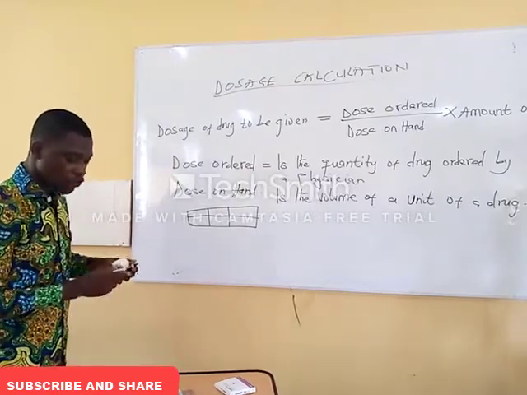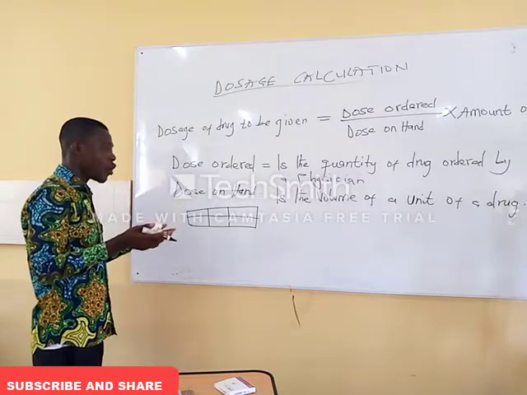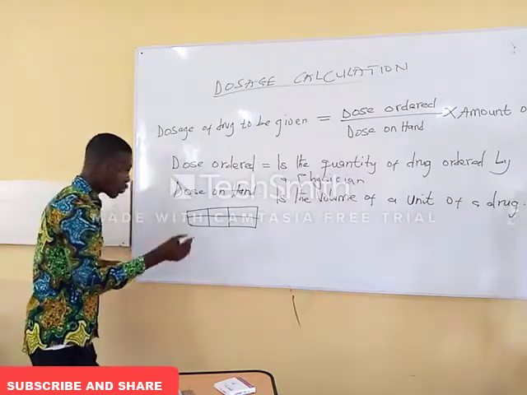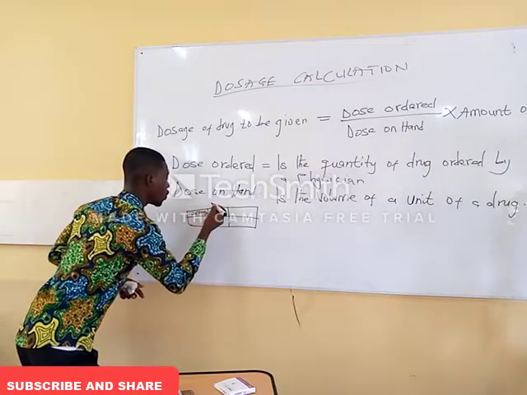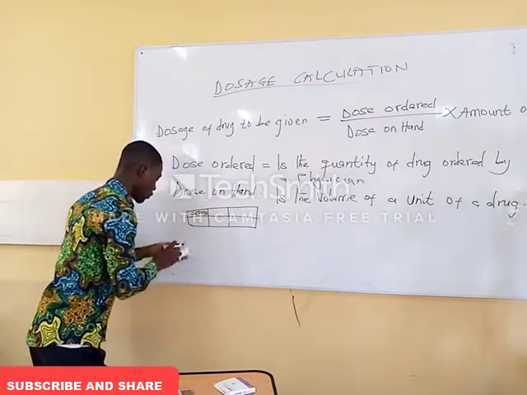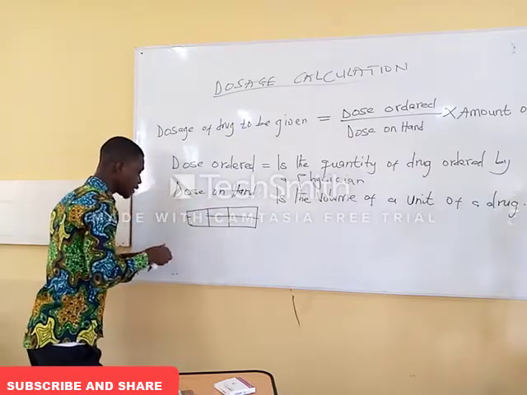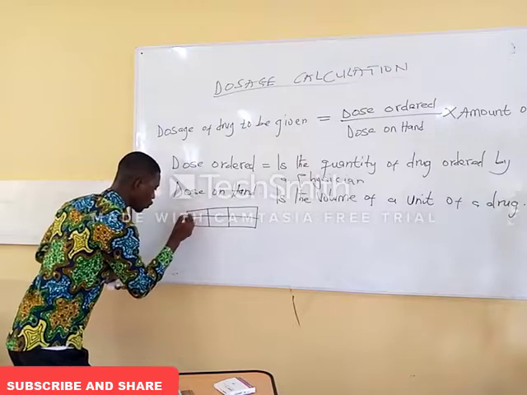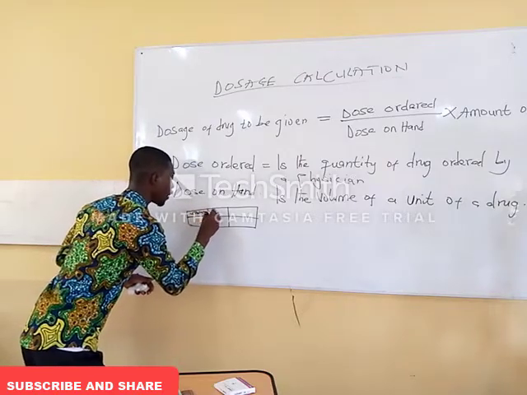Every drug has a volume or a mass or a weight for it. Let's use the volume for a unit of paracetamol. Let's say this is 500 milligrams.